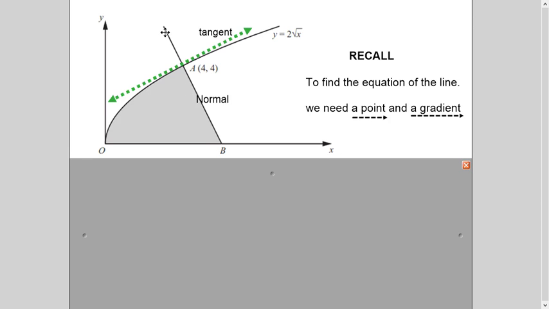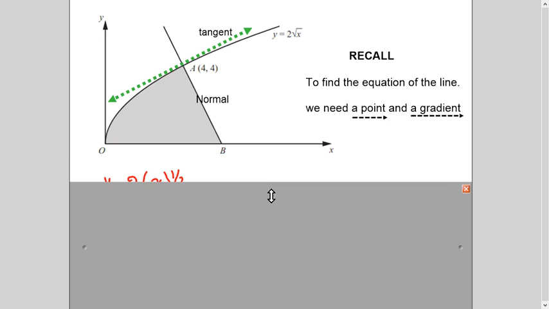To find the gradient, when we differentiate this equation, we get the gradient function, which will give us the gradient of the tangent at this point. I'm repeating: if you differentiate this curve, you will get a gradient function. The gradient function always gives you the gradient of the line at the point where you substitute x. So if you substitute x = 4 in the gradient function, you will get the gradient at this point. So the tangent at this point will have that gradient.